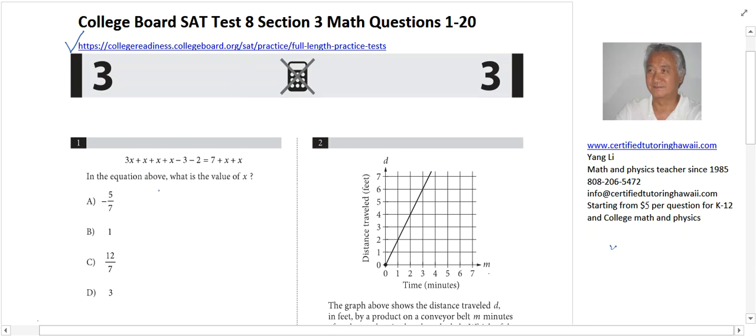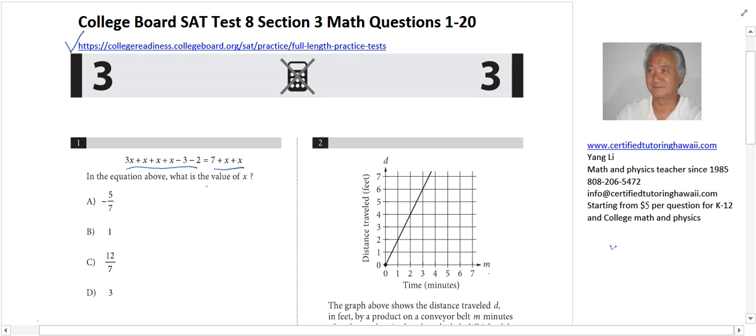The question is: 3x plus x plus x plus x minus 3 minus 2 equals 7 plus x. In the equation above, what is the value of x? The first thing is to simplify the equation on both sides, the left and the right.